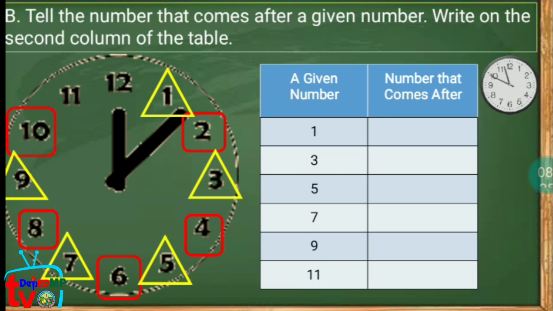And after 11. Write on the second column of the table the number that comes after 1, after 3, after 5, after 7, after 9, after 11.